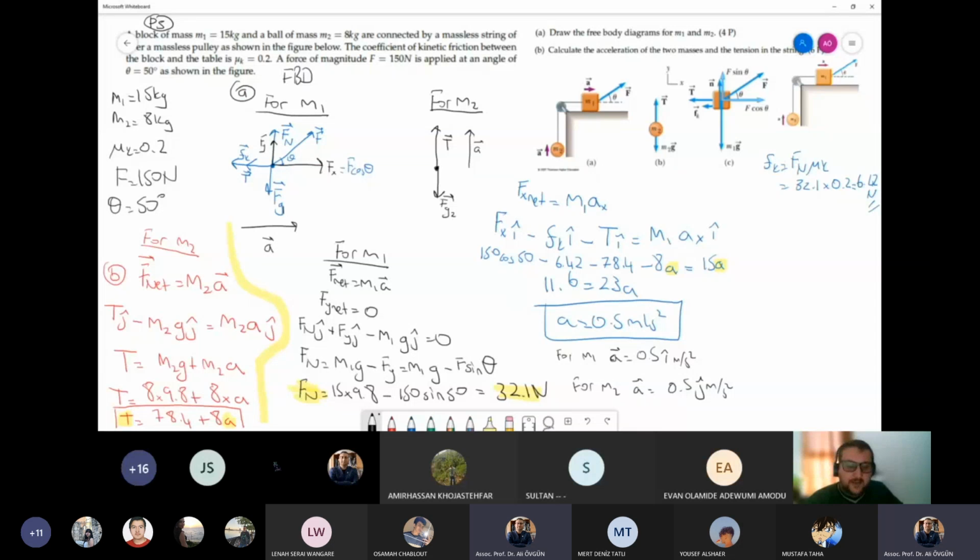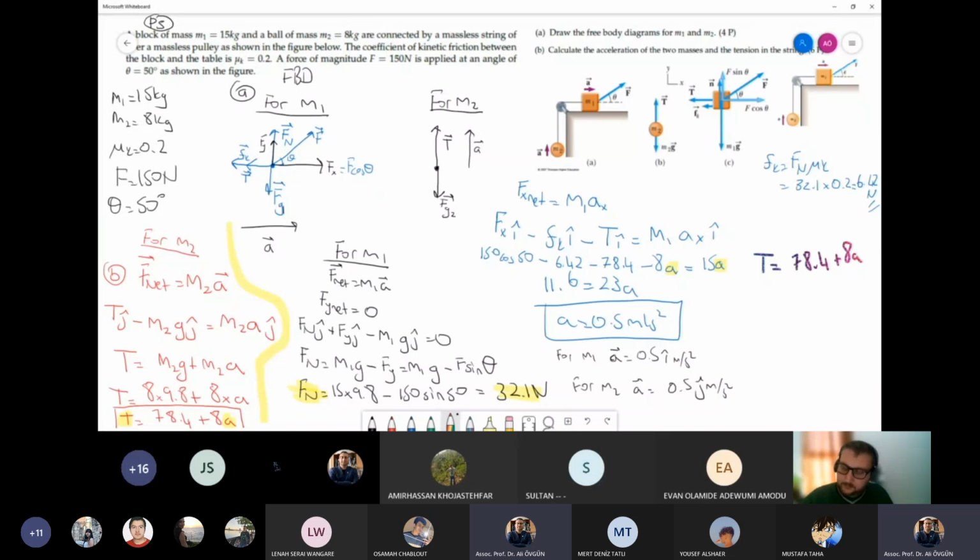After that, find what is the T. Now it is easy to calculate the tension because you know this relation. So T is equal to 78.4 plus 8a.